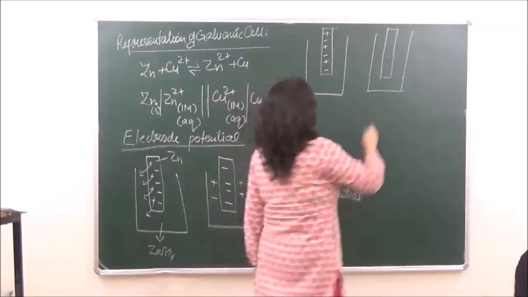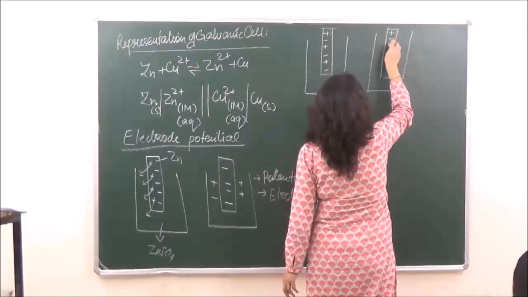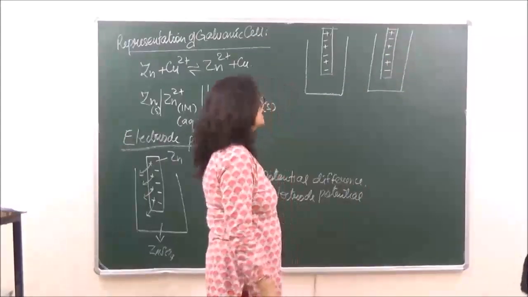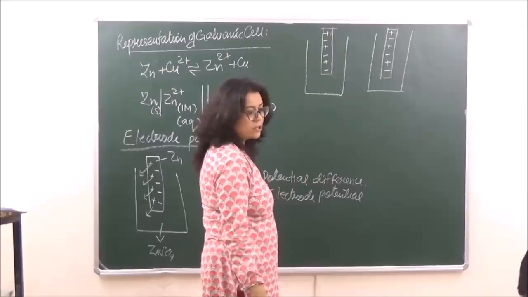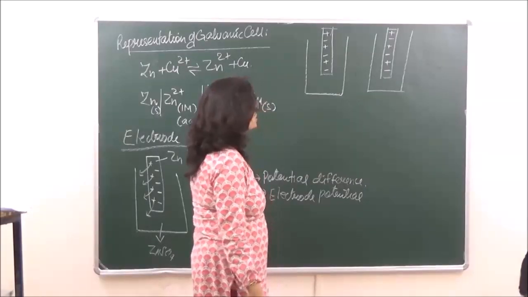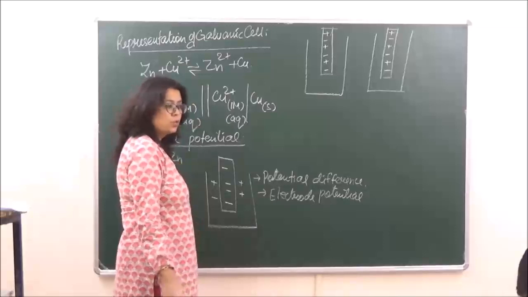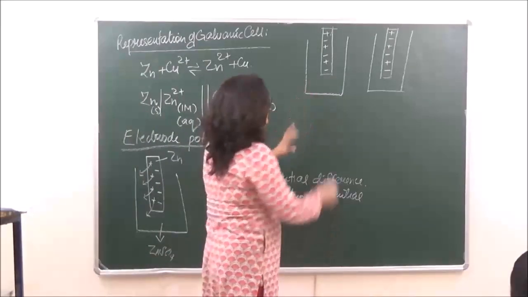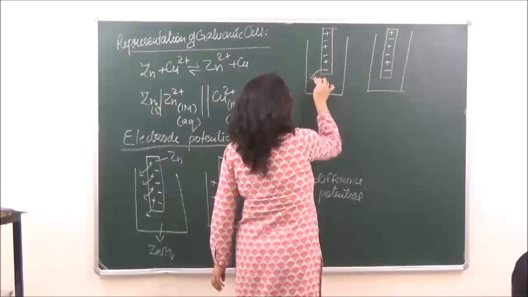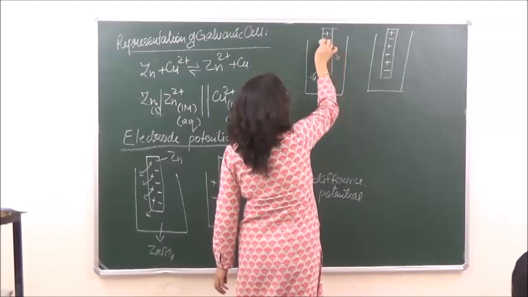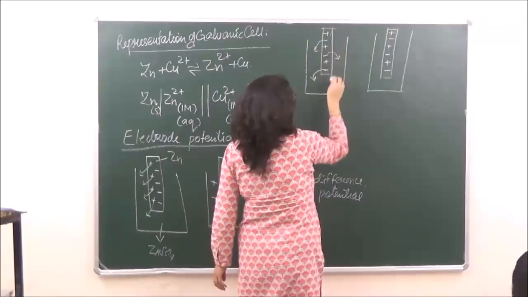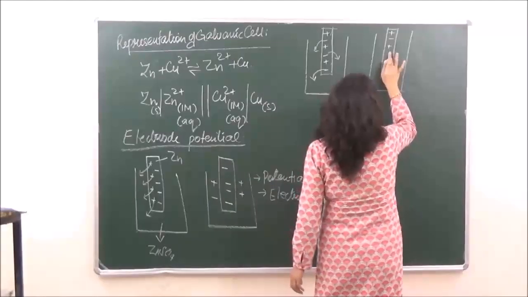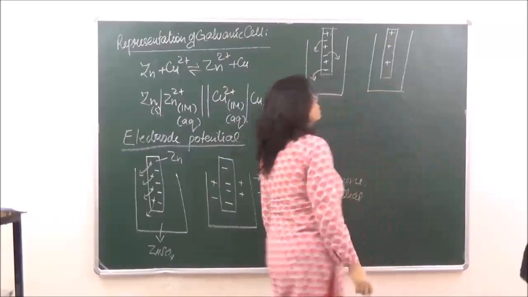Right? Now Cu2+ is gaining electrons, as a result of which it gets converted into Cu. So Cu2+ that is present inside the solution, it is gaining electrons, means the electrons are being attracted by the solution over here, as a result of which only positive charge will be left in the solution.